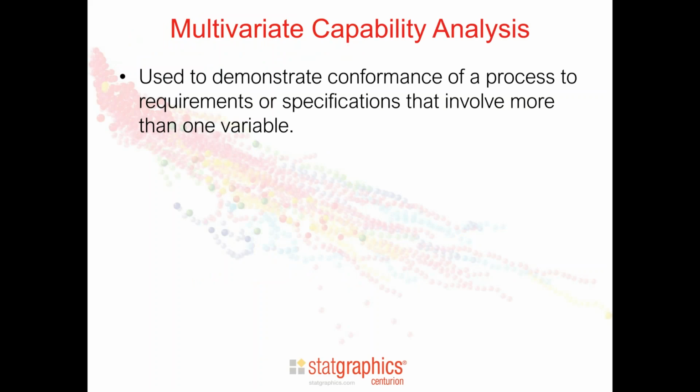All right, the topic, as I said, of the webinar today is multivariate capability analysis. Multivariate capability analysis is used to demonstrate conformance of a process to requirements or specifications that involve more than just one variable.